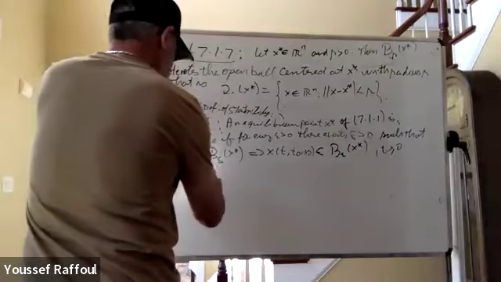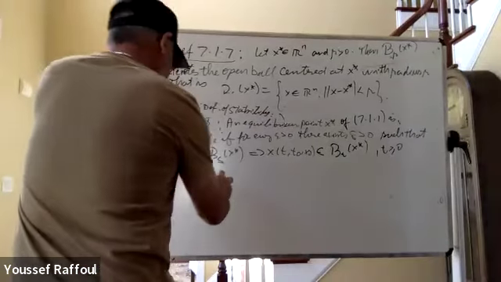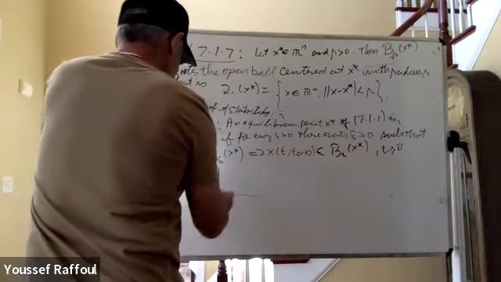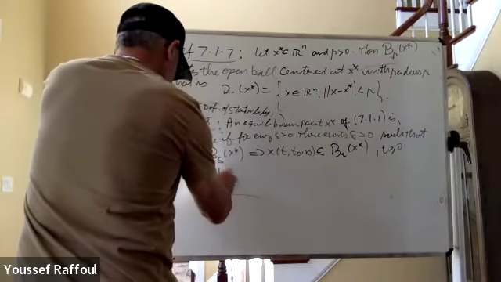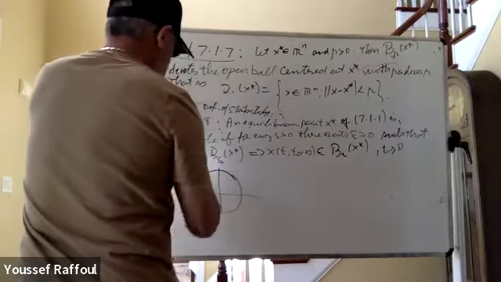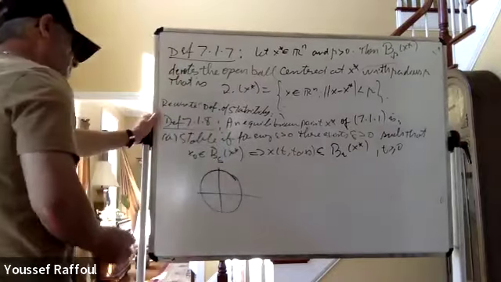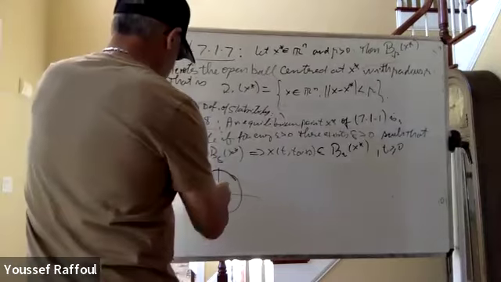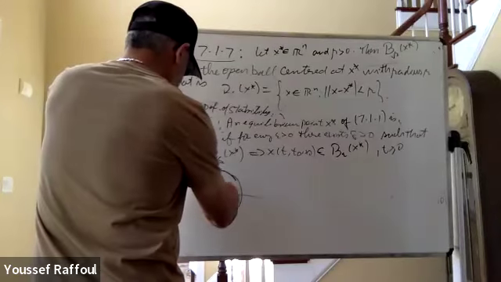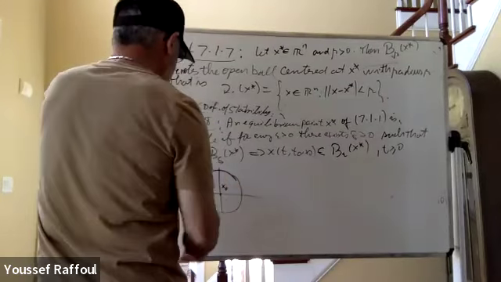So in other words, for any epsilon positive, let's assume x star is the origin.